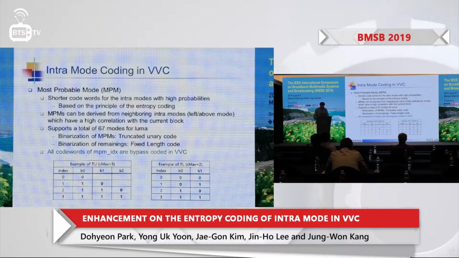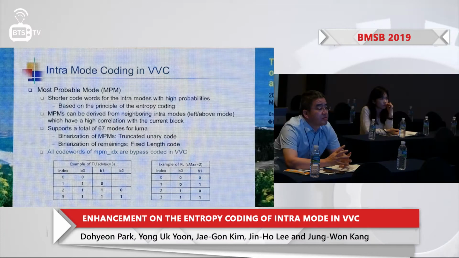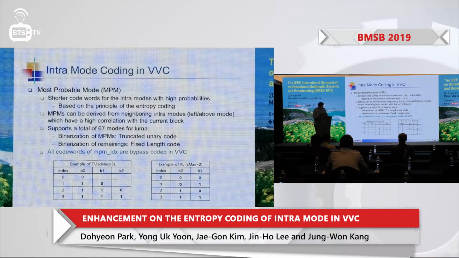The left table shows an example of truncated unary code, and we can see the tendency to assign fewer code words to lower indices. That is, the lower MPM index could be selected frequently.